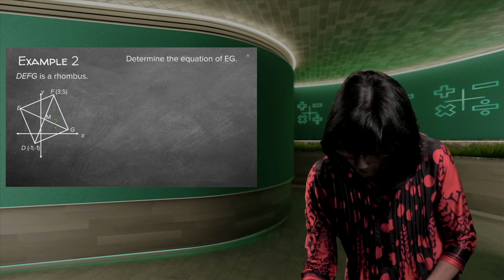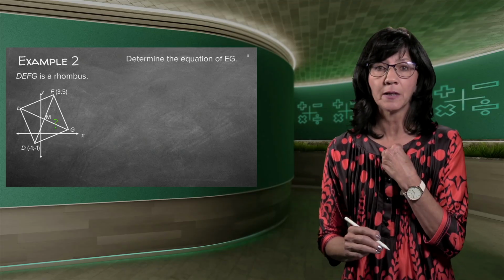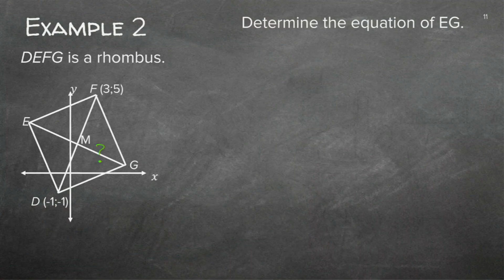They tell me this is a rhombus. So I can really easily go make them parallel. And remember, the property of a rhombus is that all the sides are equal. And I also know that the diagonals bisect one another at 90 degrees. So I can immediately go and fill in that the diagonals bisect at 90 degrees.